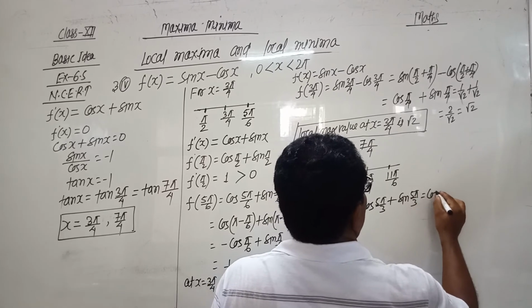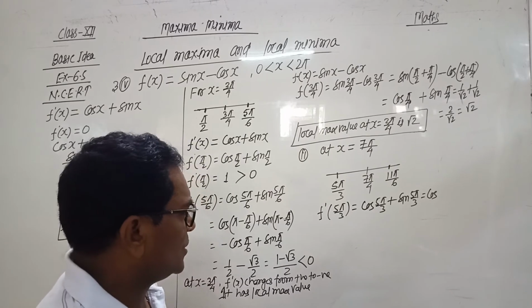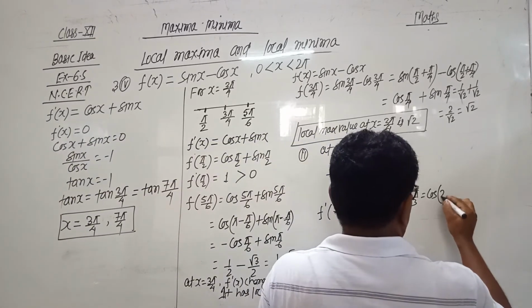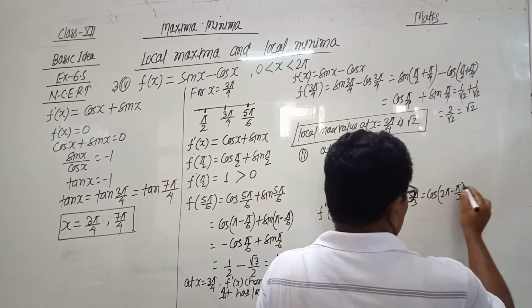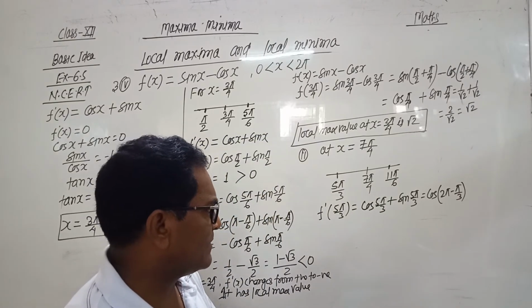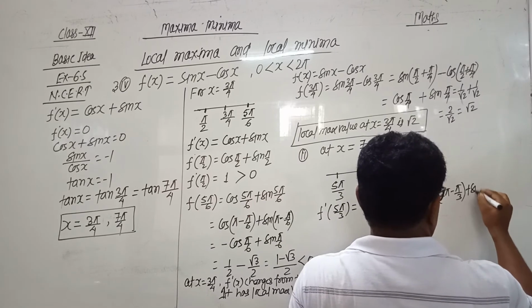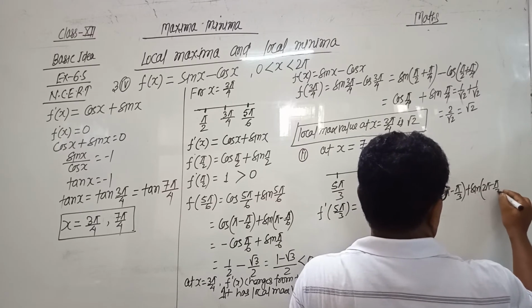And cos 5 pi by 3 is written as cos of 2 pi minus pi by 3, which gives 5 pi by 3, and sin 5 pi by 3 is also written as sin 2 pi minus pi by 3.